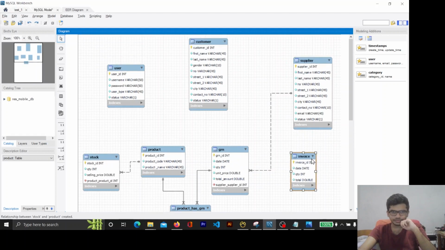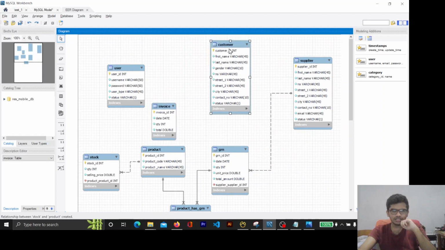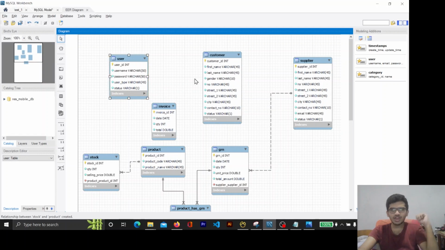If you are going to create a relationship between these two tables, your user and customer, you have to also create a relationship with the invoice table for these two to be connected.